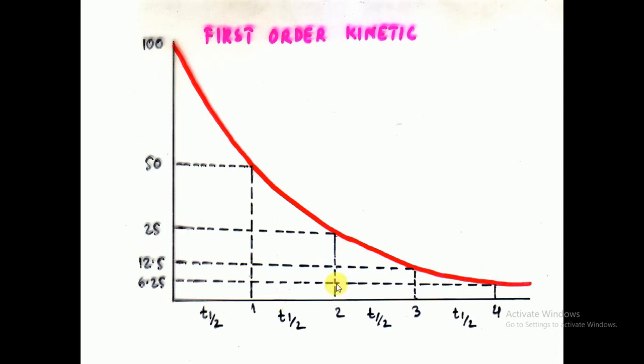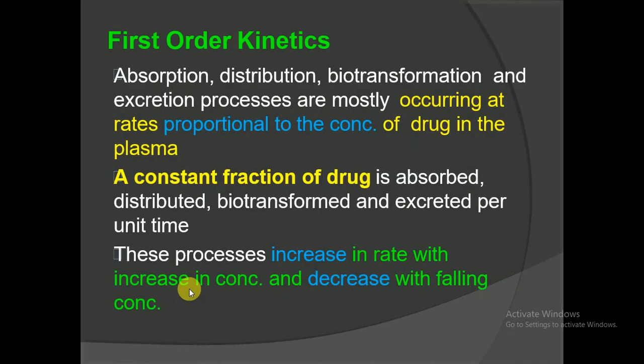After 3 half-lives the concentration will be reduced to 12.5%, and after 4 half-lives the concentration of the drug will be reduced to 6.25%. This is called first order kinetics.